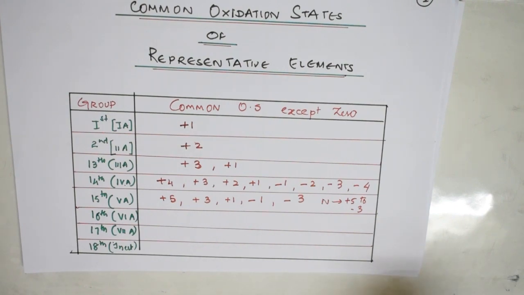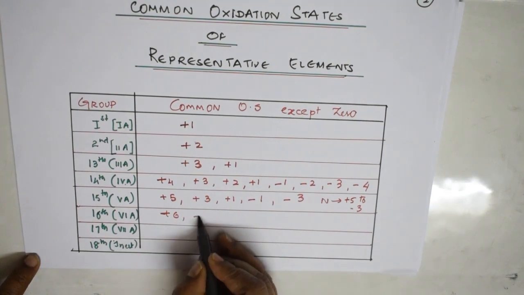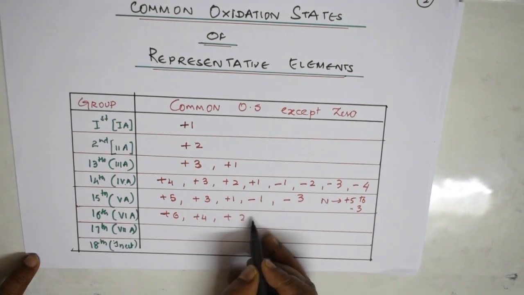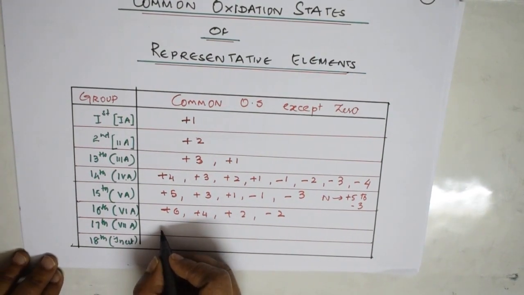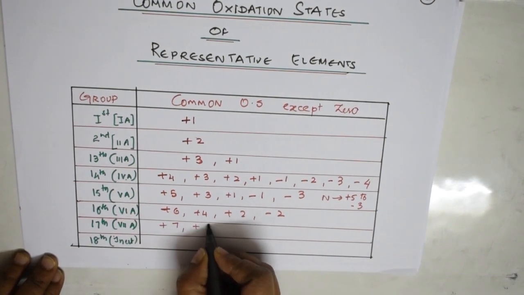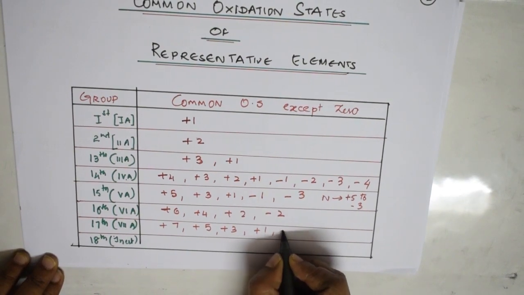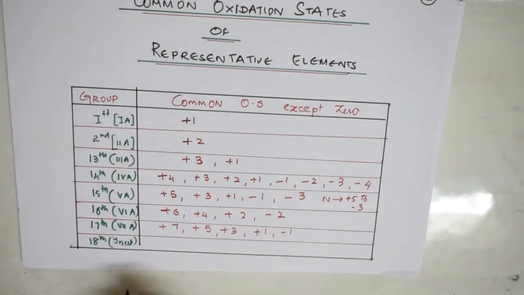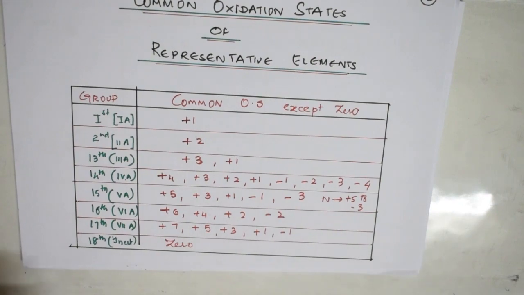So in N3H, noted, it is -1/3. Right. If it is the 16th group, the oxidation numbers are +6, +4, +2 and -2. As of now we are just writing this, we will understand gradually. Now for the 17th group, +7, +5, +3, +1 and -1. Remember this. If it is the 18th group, it's a zero group element, isn't it? It is completely filled, so the oxidation number is always 0 for inert gas elements.